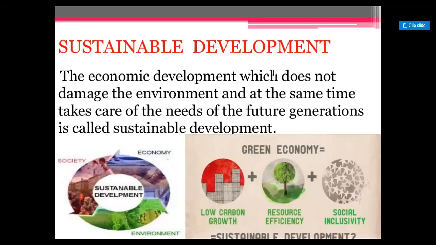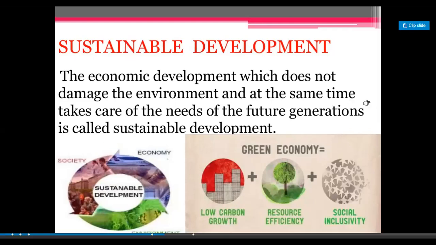That is called sustainable development. That means it should be eco-friendly and meet the needs of the future generation. These are the two components of sustainable development. So economic development which does not damage the environment, that is the present, and at the same time takes care of the needs of the future generation, is called sustainable development.